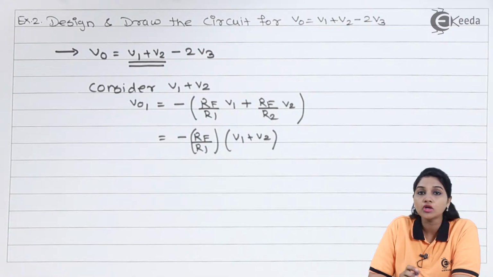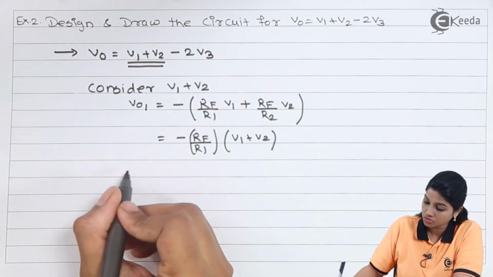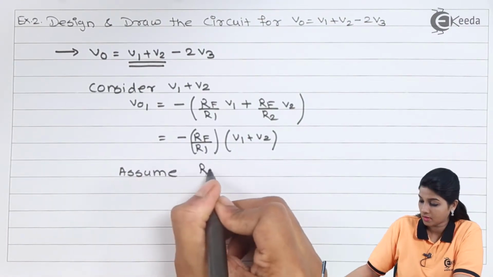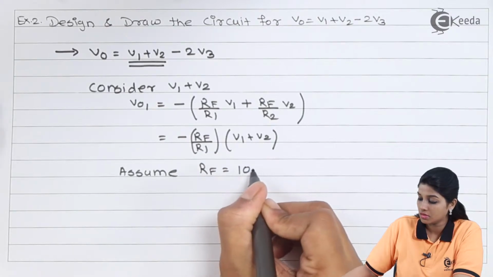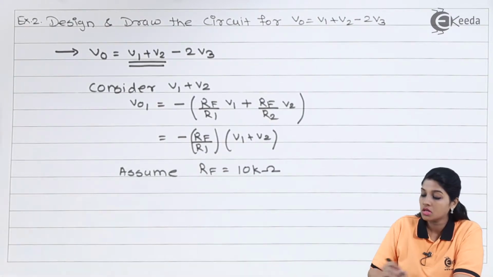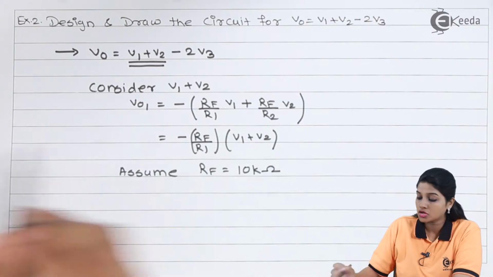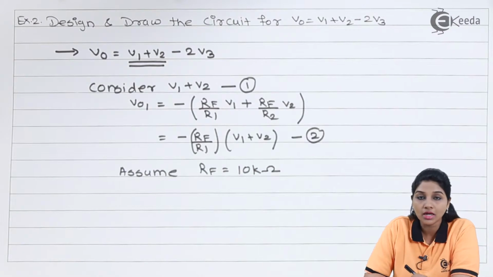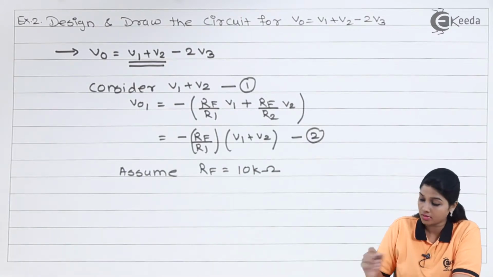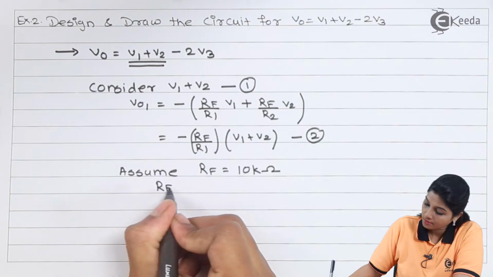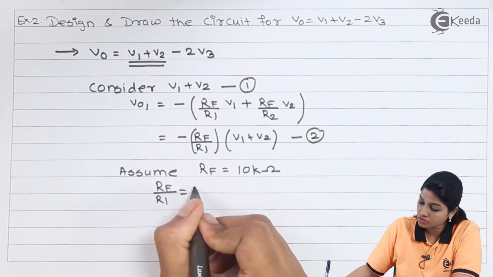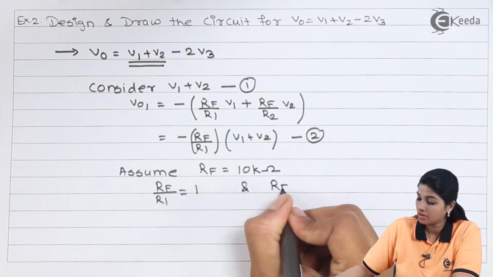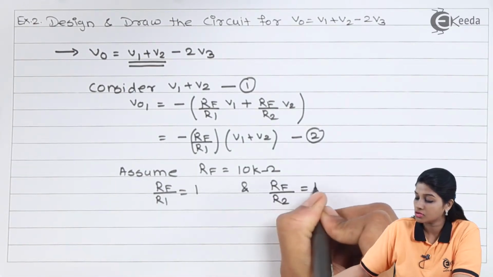Now let's consider value of RF as 10 kilo ohms. So assume RF equals to 10 kilo ohms. Now if we compare the two equations, that means equation number 1 and equation number 2, we will come to know that RF by R1 is equals to 1 and RF by R2 is also equals to 1.